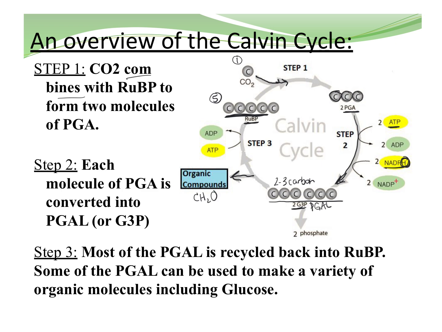How many times does the cycle happen? 6 times. Every 3 turns, a PGAL is released.